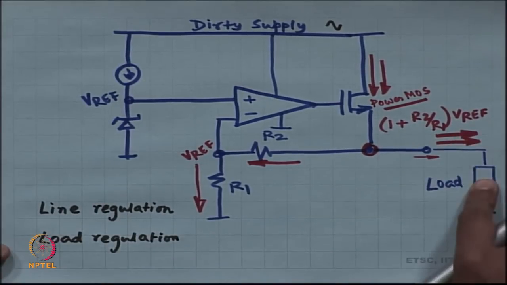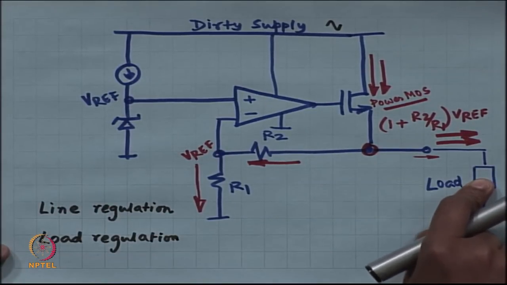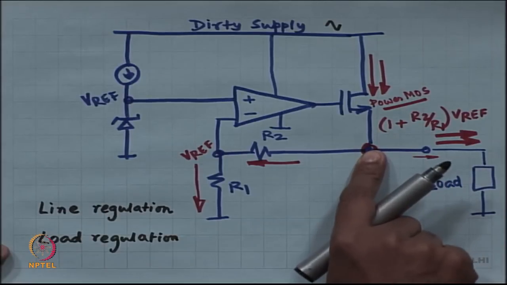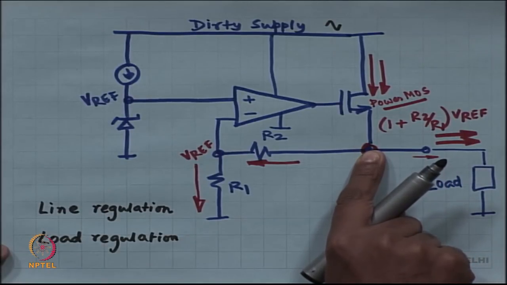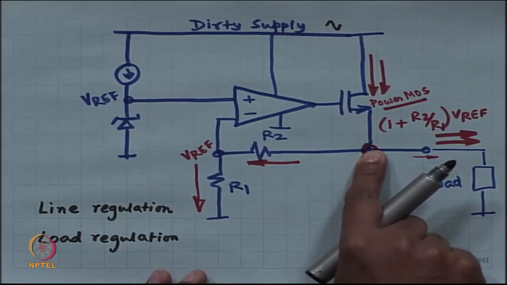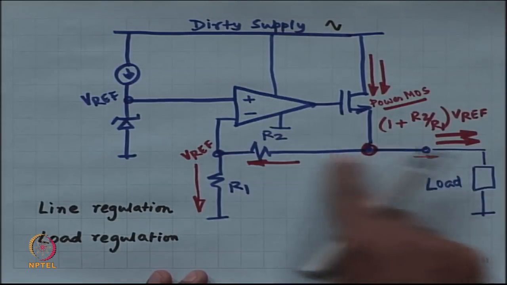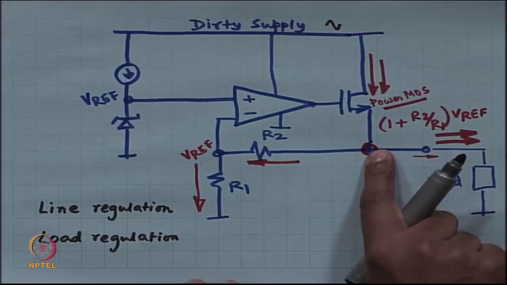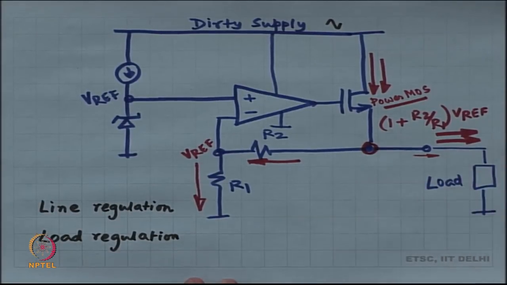If I increase or decrease the load current, then ordinarily this voltage is going to get increased or decreased, right. What is the effect of this feedback? How does it adjust itself? How stable is it?